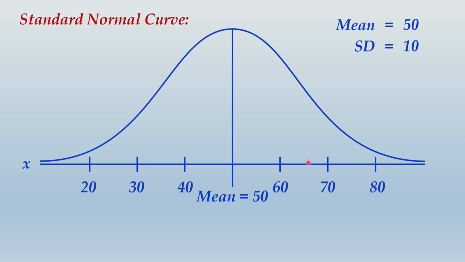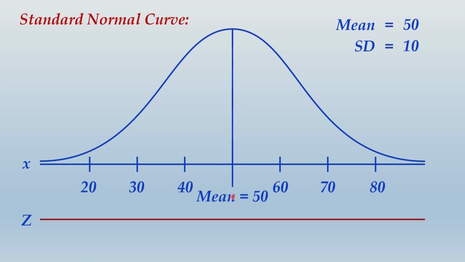If I have to draw a standard normal distribution, I will have to draw the Z line where the deviation from the mean at the center is 0. So here we are considering mu itself as 0 and the standard deviations to the higher and lower side will be positive and negative values of standard deviation.